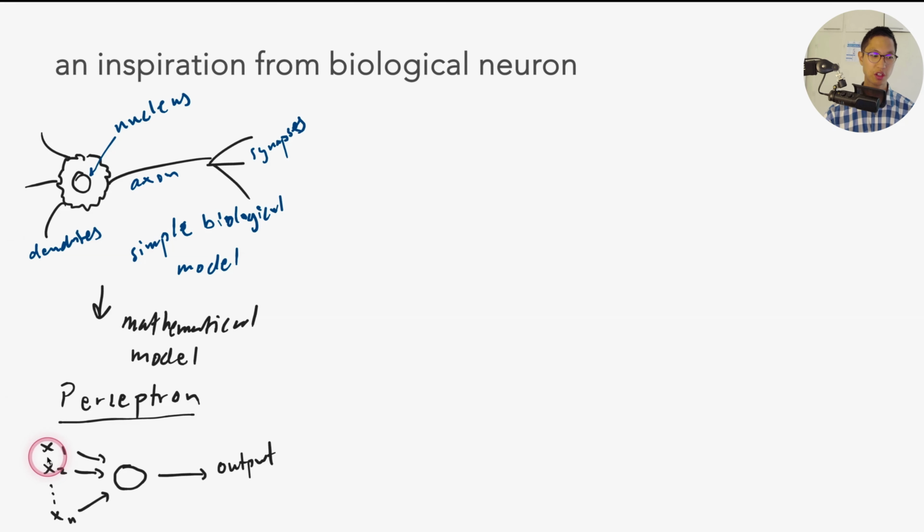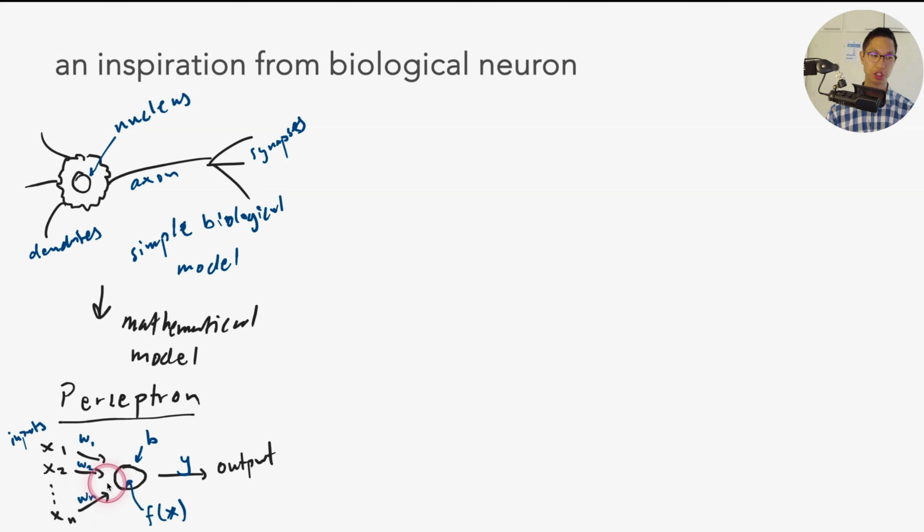You can see here a lot of inputs, x1, x2 to xn. These are inputs to a neuron or a unit that does some kind of computation, and then an output comes out. This is the perceptron model. The inputs are x1 to xn, and then you have w1 to wn.